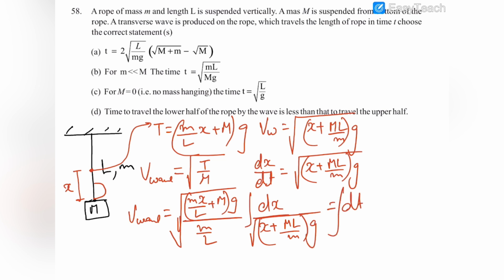Now, integrating both the sides, you can see that we can apply the limits here 0 to L and here 0 to t, where t is the time in which the wave will reach the upper end.